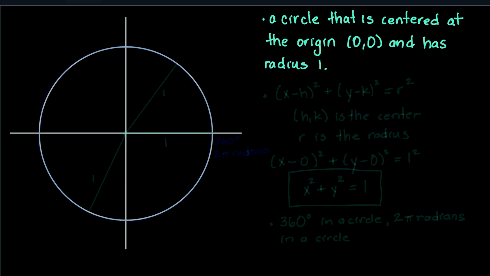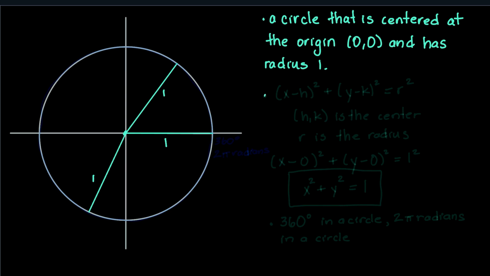That means the center of our circle is right there at the origin. And if I draw any line from the center to the edge of the circle, that distance is 1 unit. Anywhere from the center to the edge, 1 unit. That's what it means to be centered at the origin and have a radius of 1.